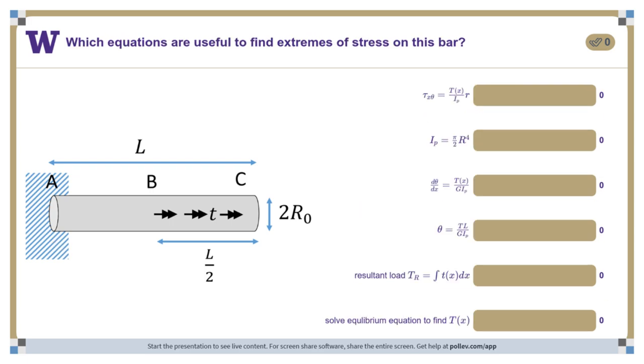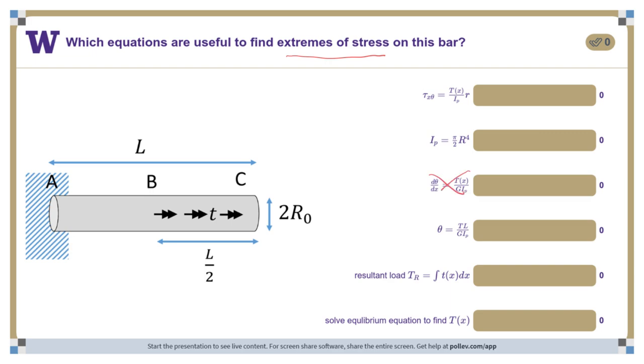The next question we ask is which equations will be useful? So in this case, we wanted to find the extremes of stress on the bar. So that means that the equations that are only necessary to find the twist angle are not needed.